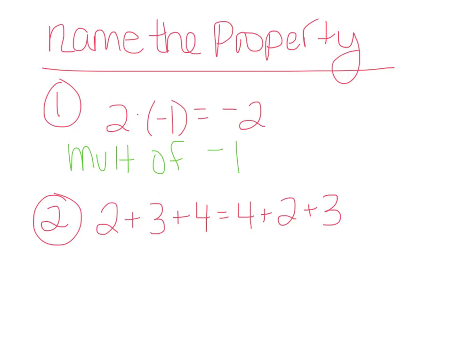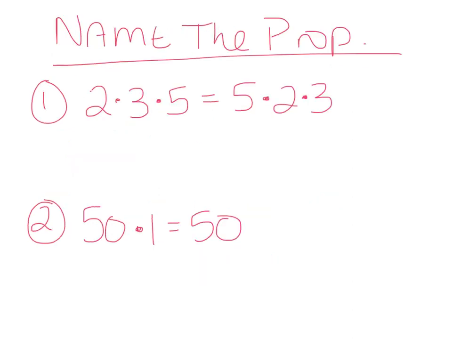Okay. If we look at number 2 here, we have 2 plus 3 plus 4 equals 4 plus 2 plus 3. Well, what happened here? The order of the numbers just changed around, right? We don't have parentheses on how they're associated at all. So this is just the commutative property of addition. All right. Number 1 here, 2 times 3 times 5 equals 5 times 2 times 3.